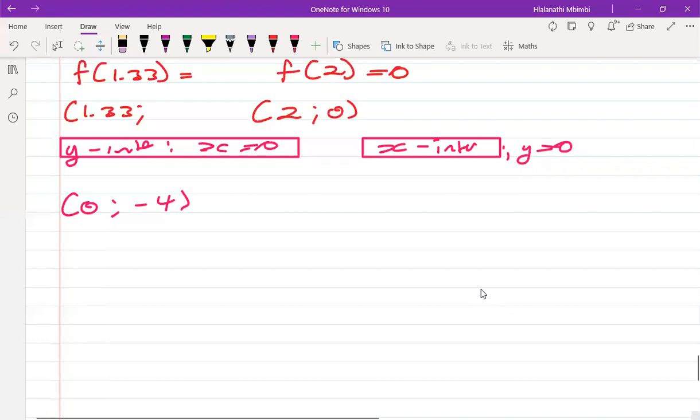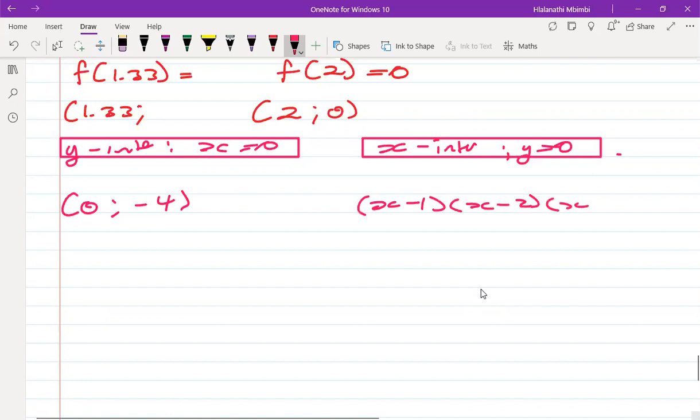That's equal to 0. So our coordinates would be x is 1 and 0, x is 2 and 0, and x is 2 again and 0.